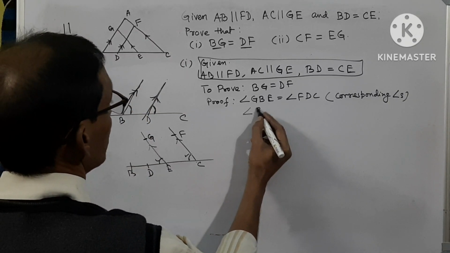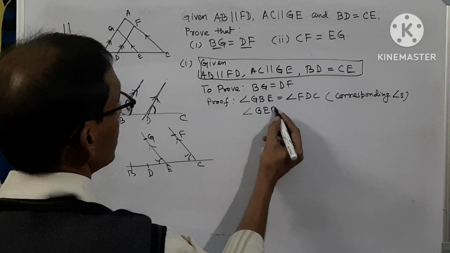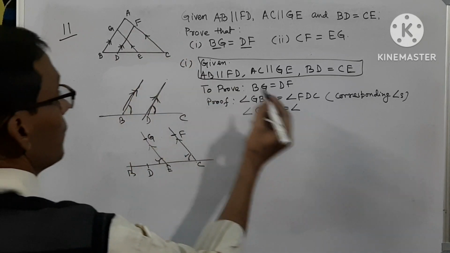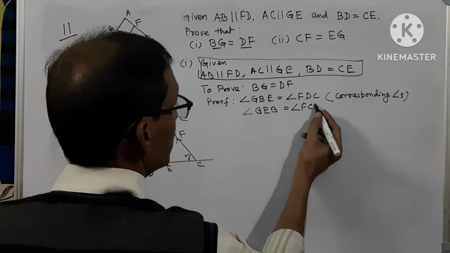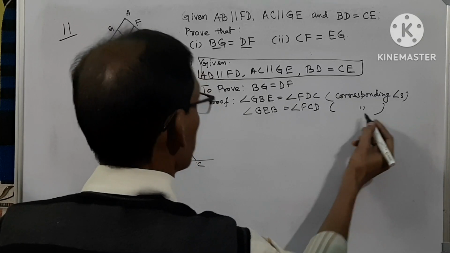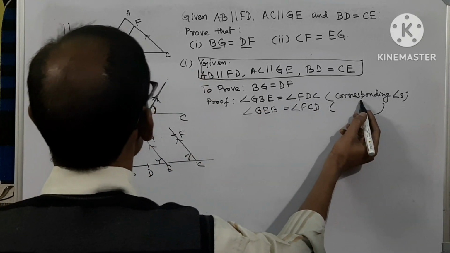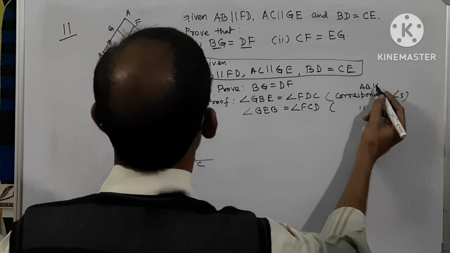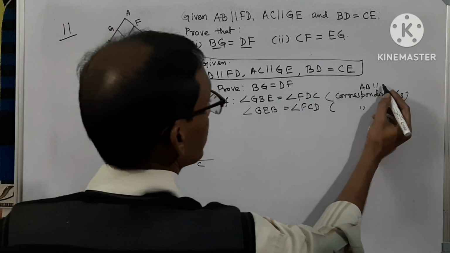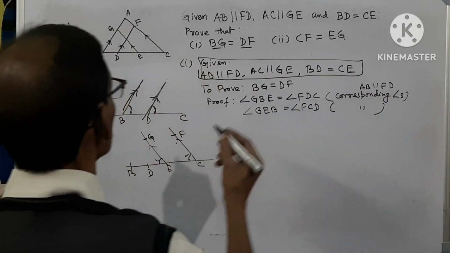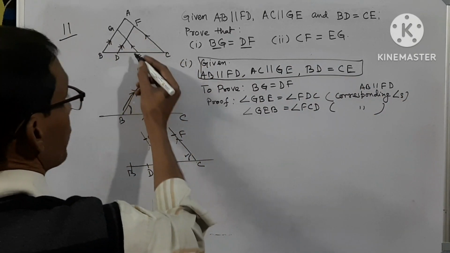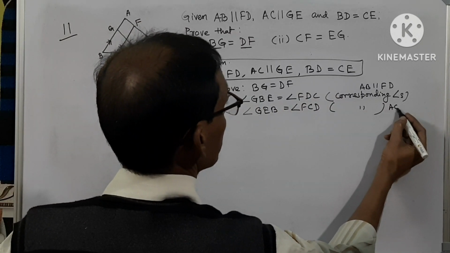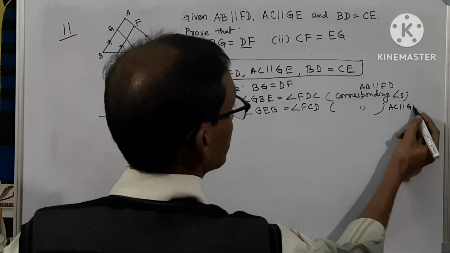Angle GEB equal to angle FCD. They are also corresponding angles. This is a corresponding angle because AB parallel FD, and this is a corresponding angle because AC parallel GE.